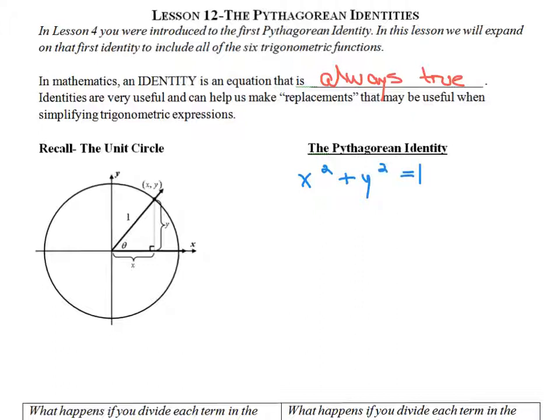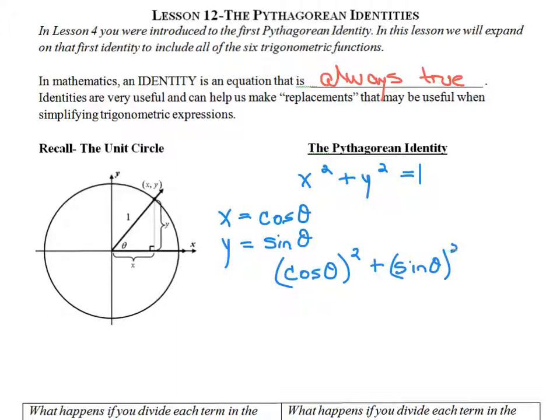In our unit circle, we know that for any angle, x represents the cosine of that angle, and y represents the sine of that angle. So I can replace x with cosine, so I would have cosine of theta squared, plus I can replace y with sine, so I'd have sine of theta squared is equal to 1. So this is our first Pythagorean identity, and we've been using this Pythagorean identity since lesson 4 in this unit.